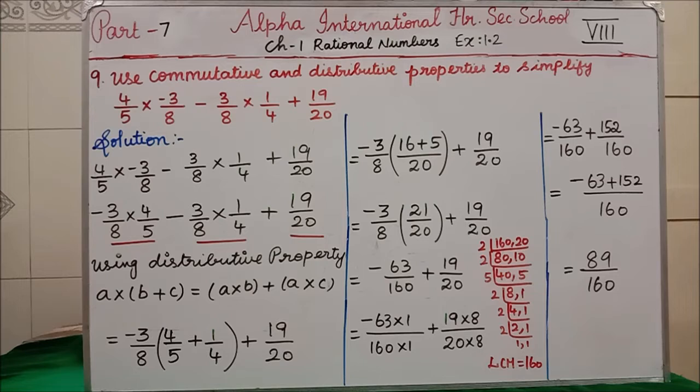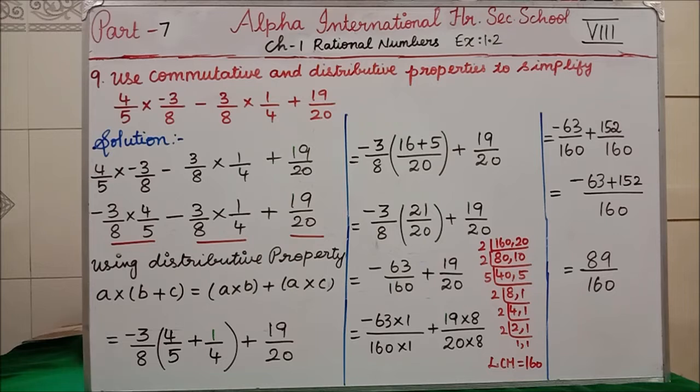This is the first term, this is the second term and this is the third term. Now see the question. Is any number repeated again? Yes. What number is that? Minus 3/8 is coming here also. So I am going to rewrite the question. Multiplication I have told you many times: 2 fours are 8, 4 twos are 8.